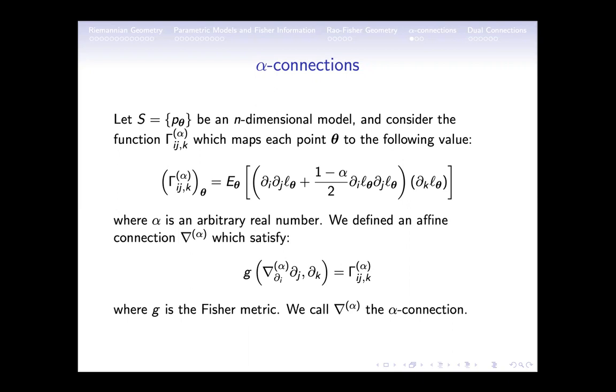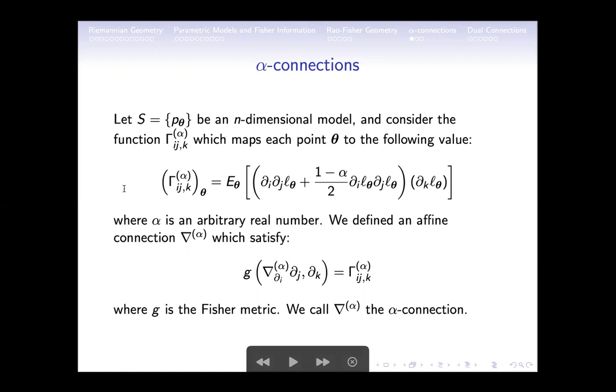In statistical manifolds, we are not only concerned about the Levi-Civita connection, we are concerned about a large class of connections called the alpha connections. And we define the alpha connections like this. This is just an expression with partials of the distribution and something with respect to alpha, where alpha is a real number, and an expectation.